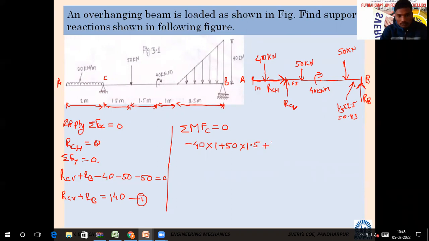How much it is? 40 kilonewton. At what distance it is from point C? 3 meter. 1.5 plus 1.5. Shall I multiply here by 3? No, sir.